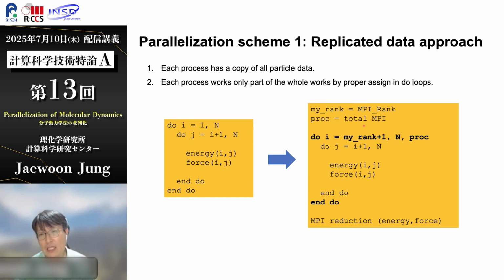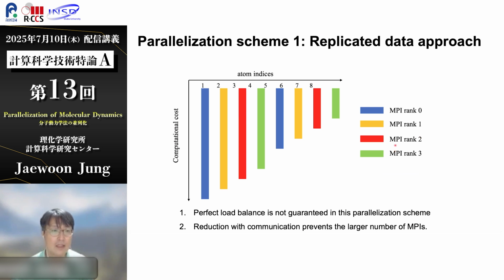If i is large, then the number of j becomes small. So in this sense, according to the atom indices, the computational cost is different. As we increase the atom index, the computational cost is reduced, so each processor might have a different amount of computation.